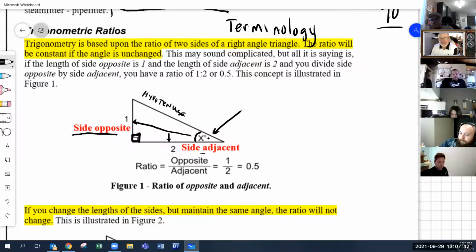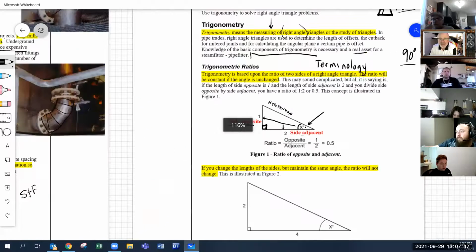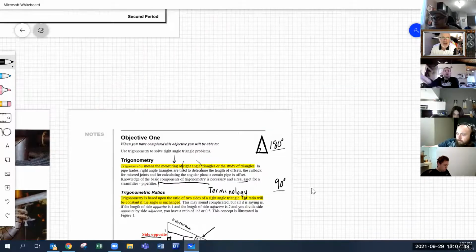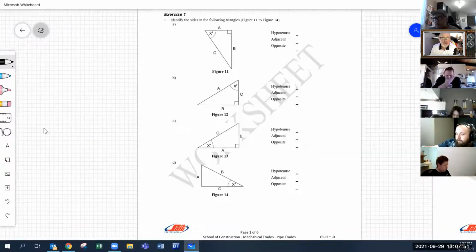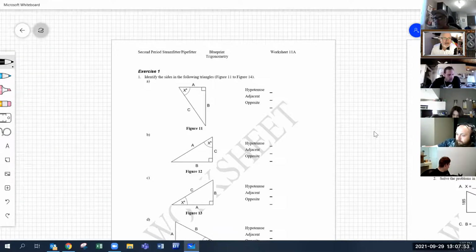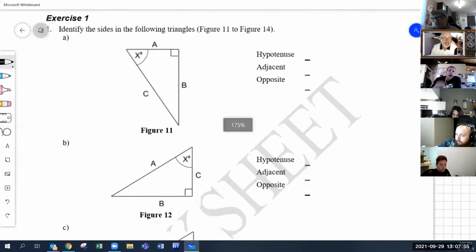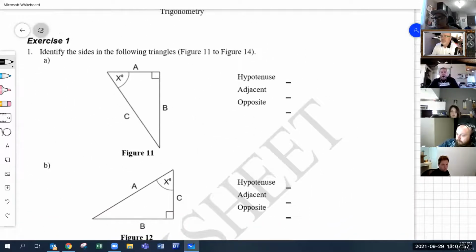So just to get us into that mindset of terminology and how to look at our triangles, it doesn't matter where A, B, or C is. We just need to know the correct terminology, okay?